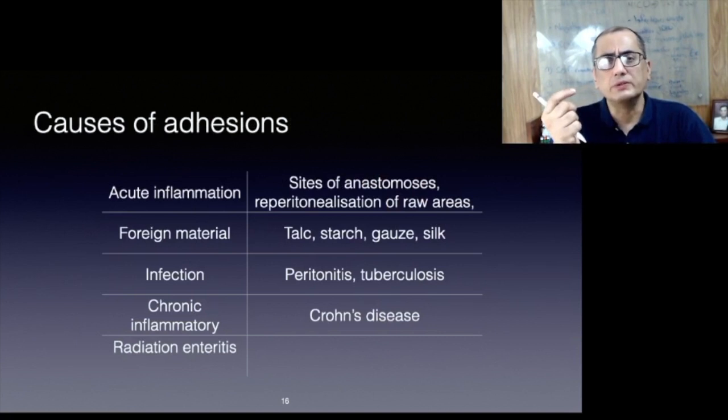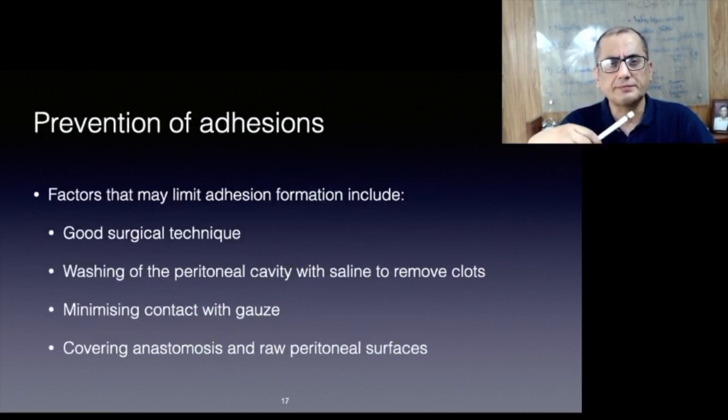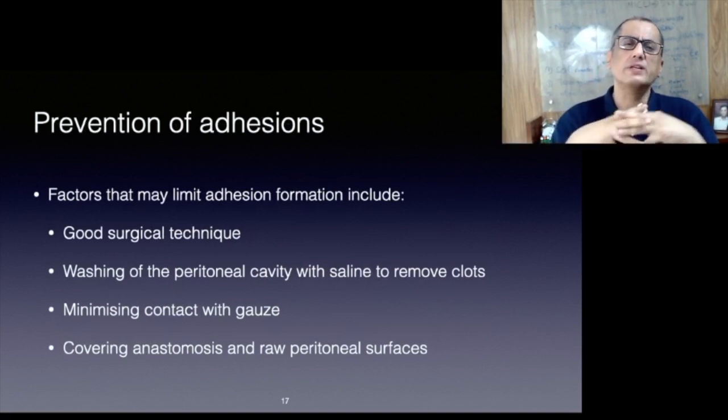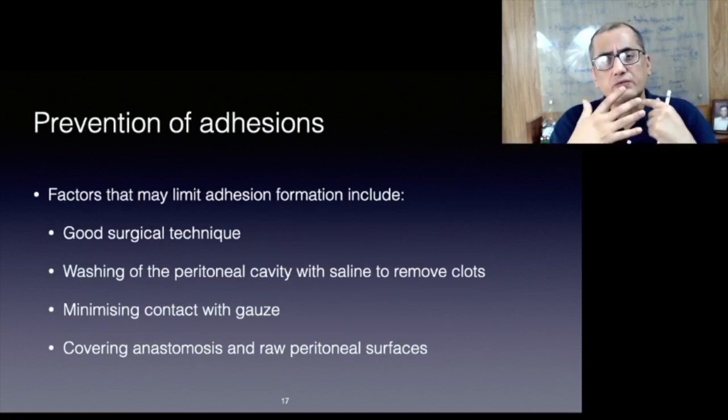Any source of peritoneal irritation results in local fibrin production, which produces adhesions between the serosal surfaces. Early fibrinous adhesions may disappear when the cause is removed, or they may become vascularized and be replaced by mature fibrous tissue. Numerous substances have been instilled in the peritoneal cavity in the hope of preventing adhesion formation.